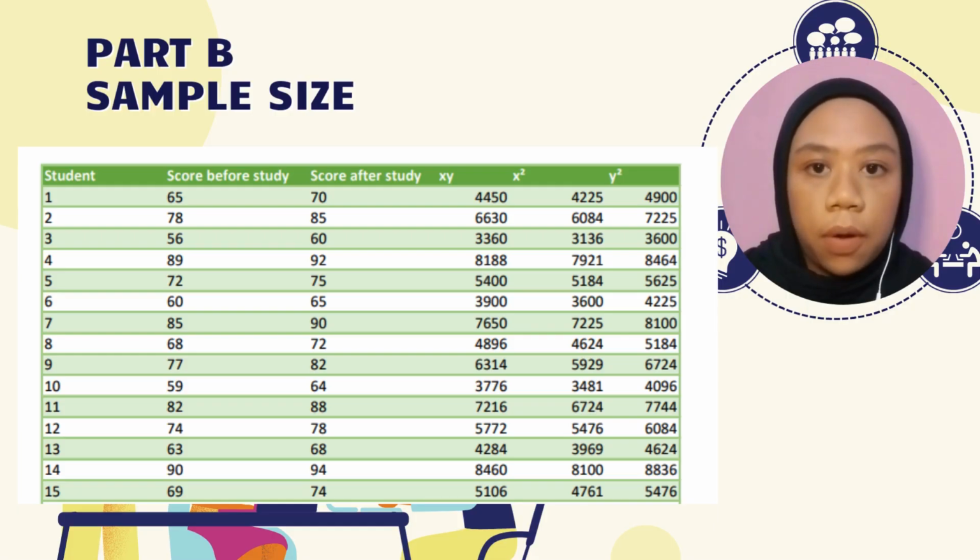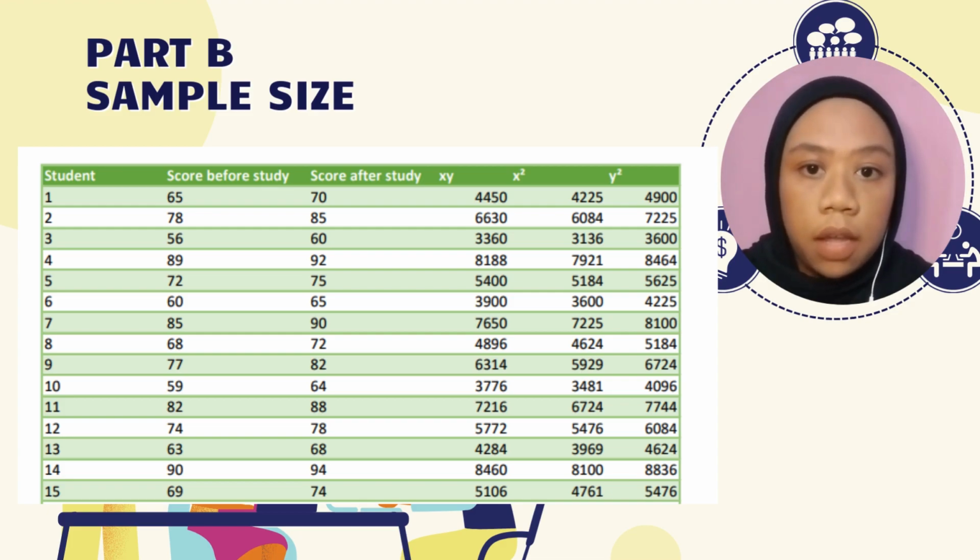X represents the score that students get before studying for the exam, and Y represents the score that students get after studying for the exam. The scores before and after the study represent quantitative data as they involve numerical measurement.